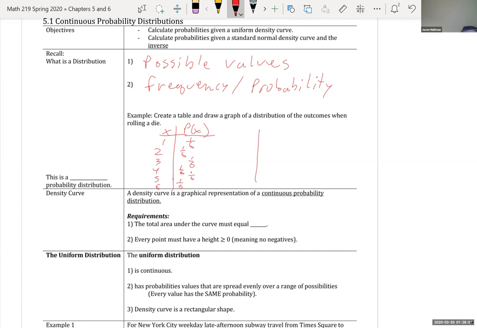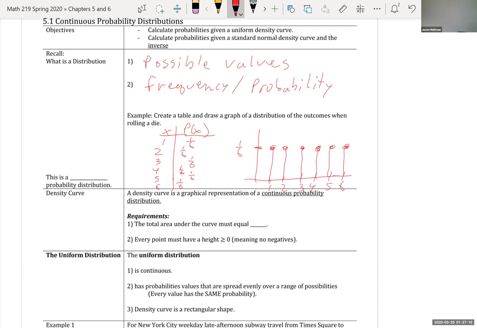So what would the distribution look like? Well, we'd go 1, 2, 3, 4, 5, and 6, and then they would all be at 1/6. So this would be the distribution of rolling a die. It's all 1/6.